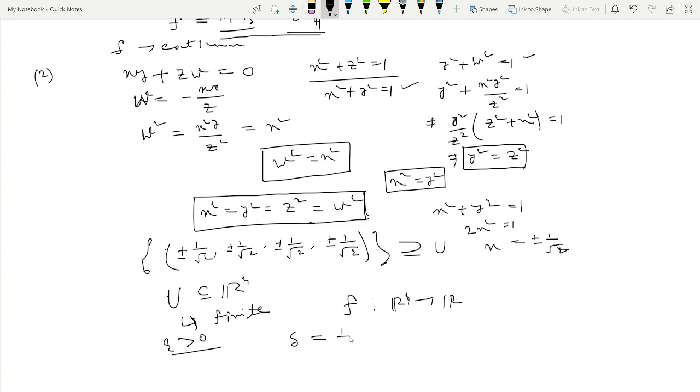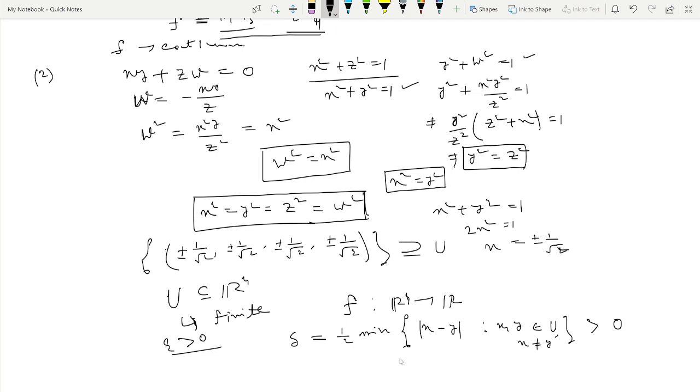delta is equal to half of the minimum of mod x minus y, such that x, y belong to U. These x, y are elements of U, that means fourth tuples, so we are writing just x, y. Then clearly this delta is greater than 0, since x is not equal to y, because if x equals y it will be 0.